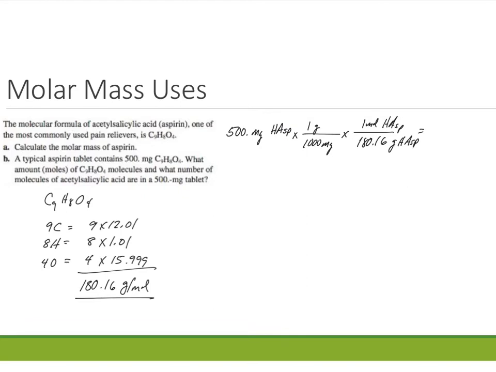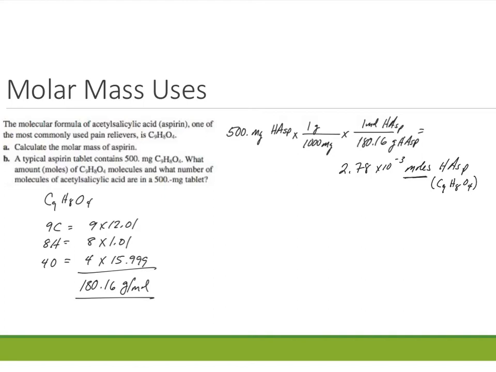That gives us the total number of moles, which is 2.78 times 10 to the negative 3 moles of HASP, or aspirin, or C9H8O4. So that's the first part. That's the number of moles.